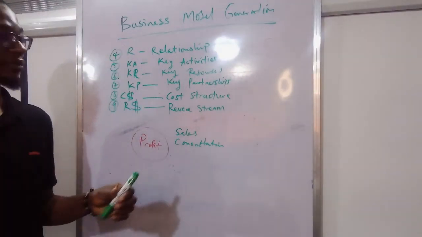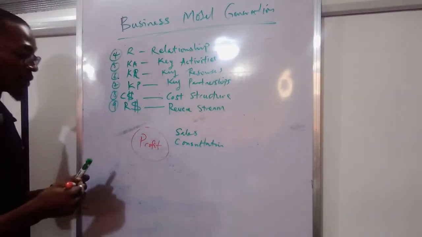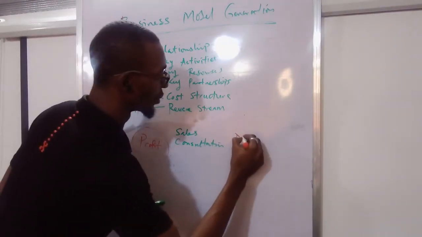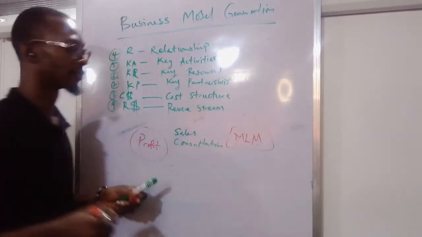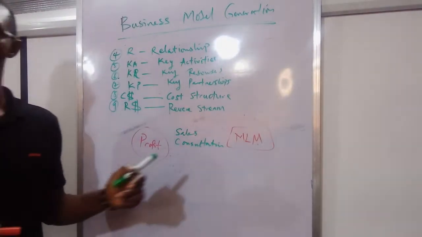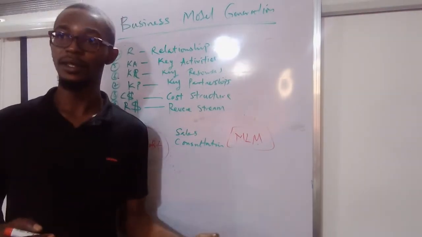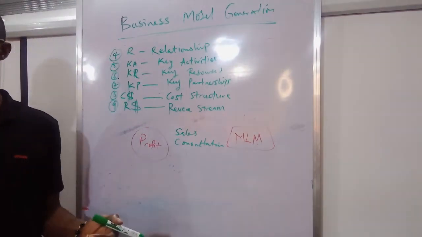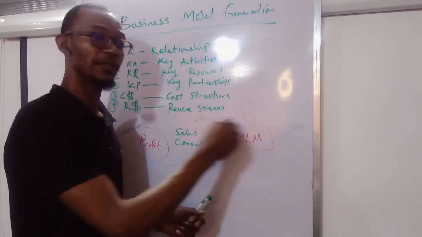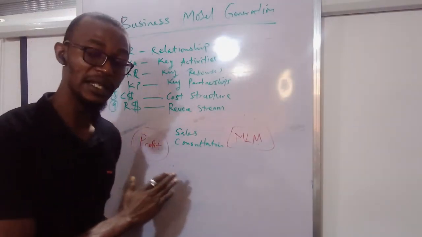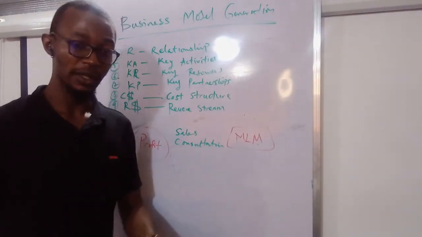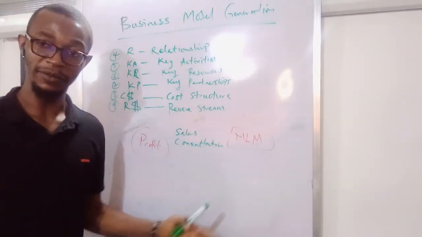Another way is people in this kind of business partnering with their customers. The main concept of a multi-level marketing business is cutting away the middleman. The product is produced from the factory.